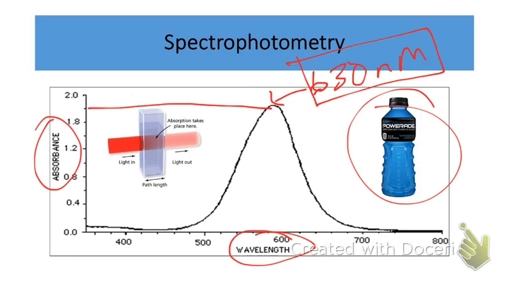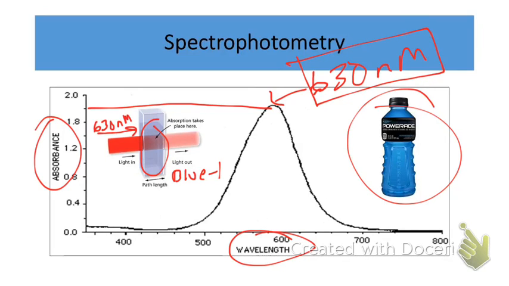So let's look at this picture, and maybe we can summarize this a little bit. In this cuvette, we're going to have blue dye number 1, and we're going to select a wavelength of 630 nanometers.